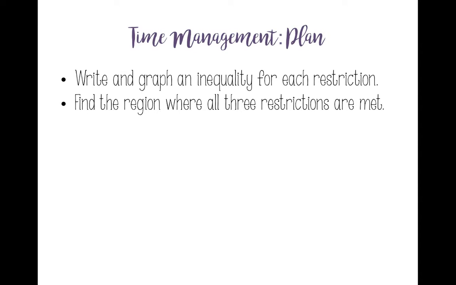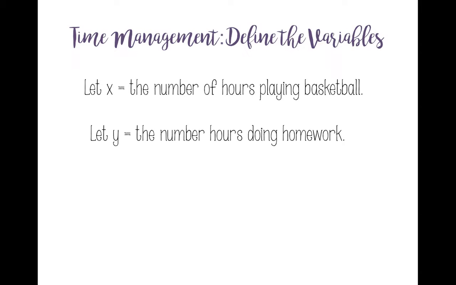So the plan is we're going to write and graph an inequality for each restriction. And the restrictions are the ones that were listed in the givens that we just saw. We're going to find the region where all 3 restrictions are met, and you'll see that on the graph that we're going to make.